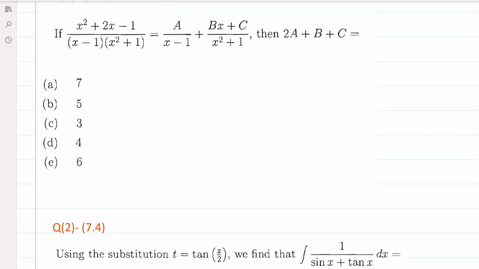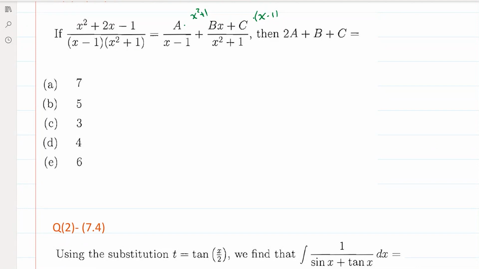But firstly, let me remind you, I'm sure that all of you know this technique, but let me show you how we can find all of these constants. First of all, you need to put all of these fractions over the same denominator. So I'll multiply this one by x squared up and down, and this one by x minus 1 up and down. In this case, you will get the same denominator on both sides.